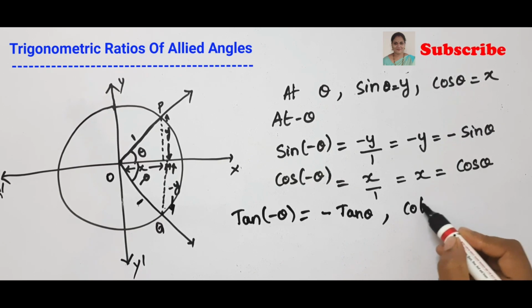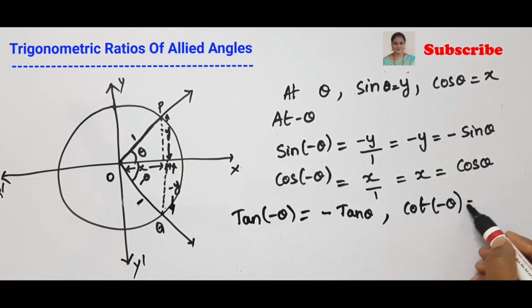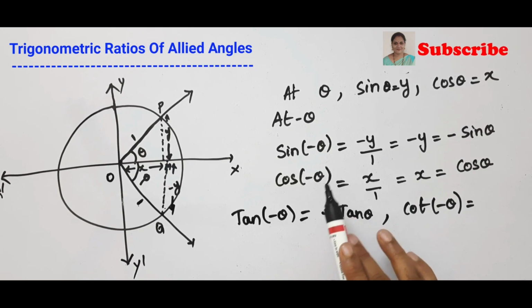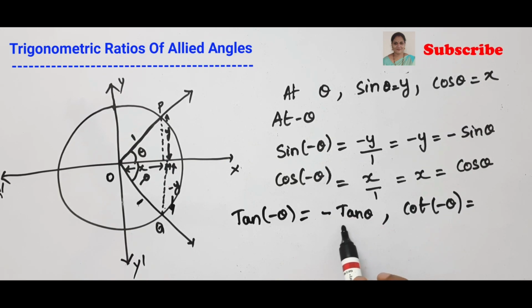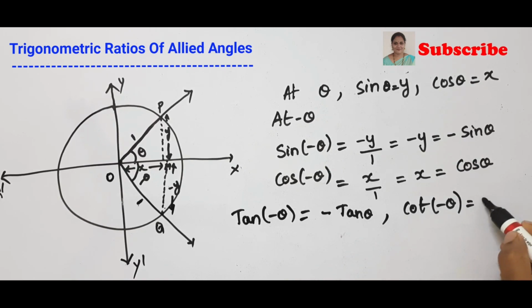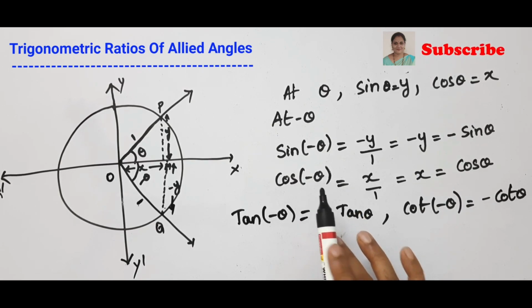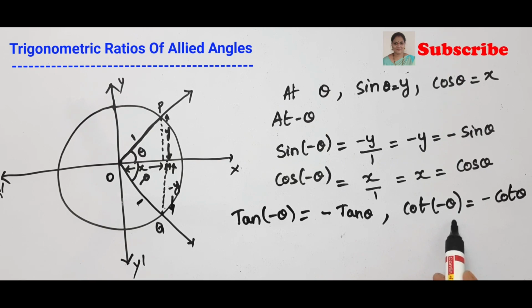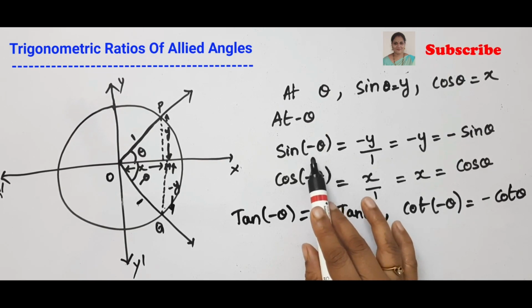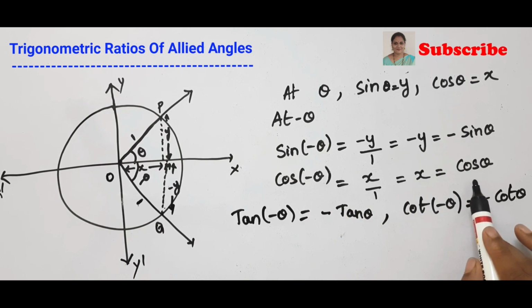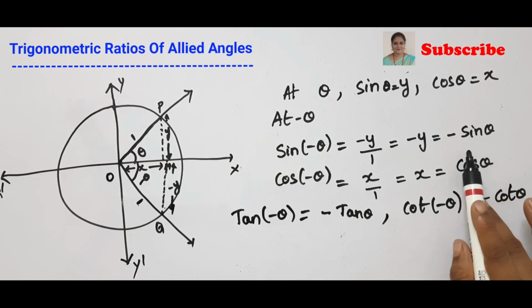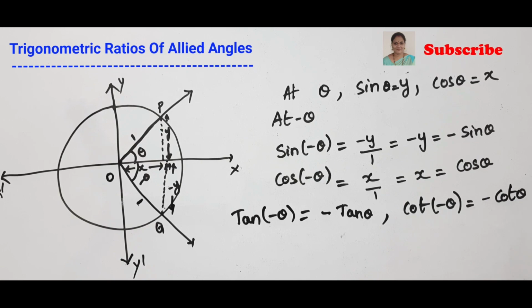Next, cot of minus theta is the reciprocal of tan, so it is minus 1 by tan theta, which is minus cot theta. You can also check: cot of minus theta is cos of minus theta by sine of minus theta, which is cos theta by minus sine theta, again minus cot theta.